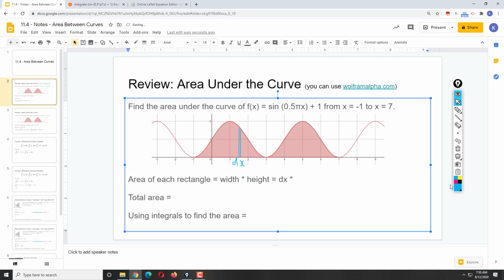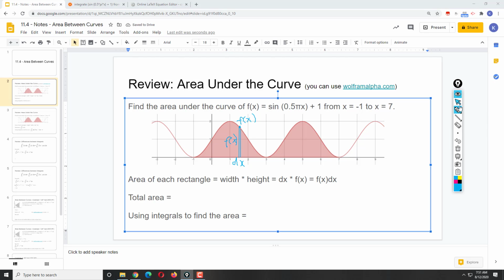The height of our rectangle is given by f of x, because our graph is as tall as f of x. In other words, each rectangle has area dx times f of x, which is of course just f of x dx.